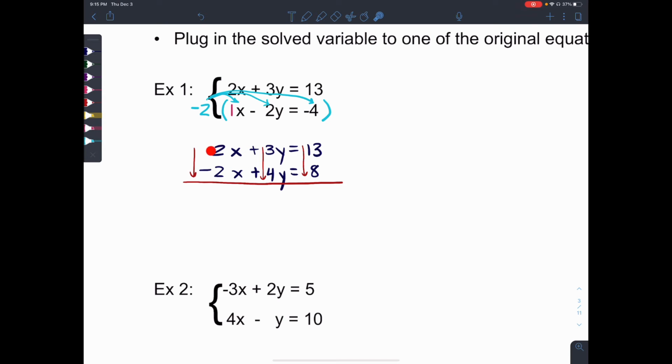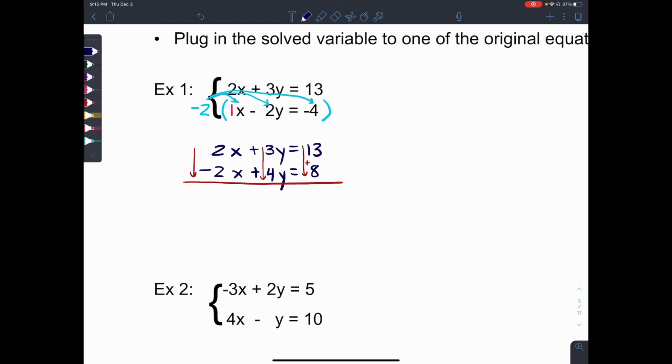Since you get 2x and they're like, okay, are we doing 2x plus 2x? Well, you're essentially doing 2x plus minus 2x, which is just 2x minus 2x. So you're going to use whatever sign is in front. So here, 13 and 8, those are both positive numbers. You're going to be adding them together.